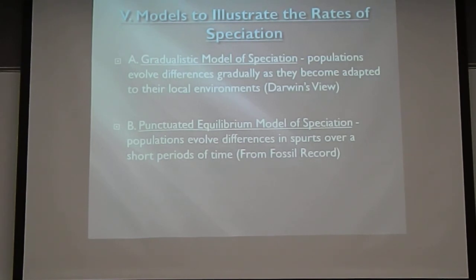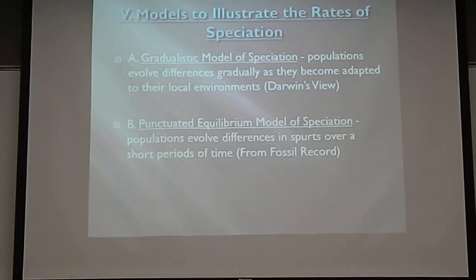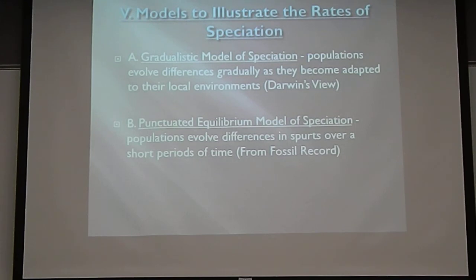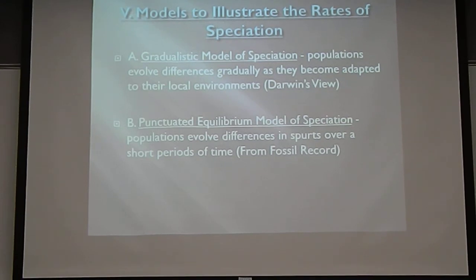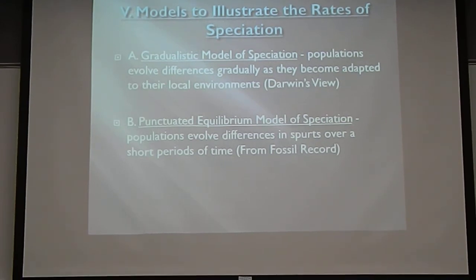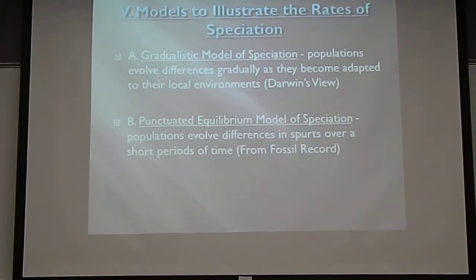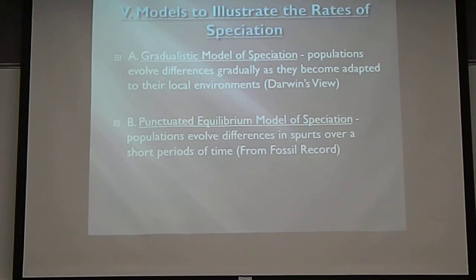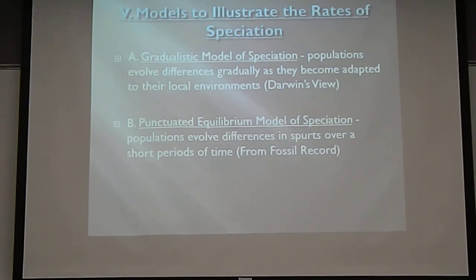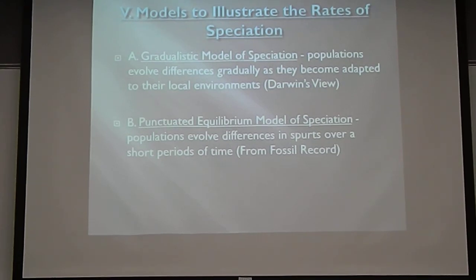But to explain some of the things in the fossil record, where over short periods of time there are a lot of changes and species that develop, this is to help support the fossil record.